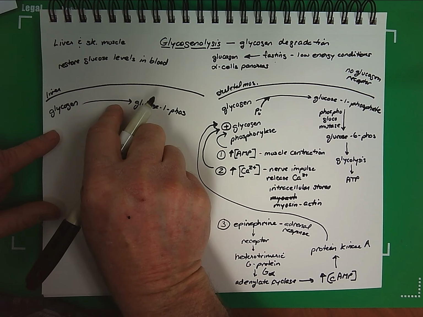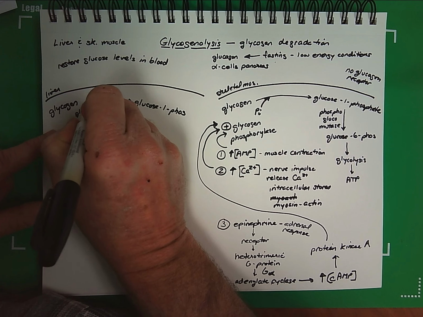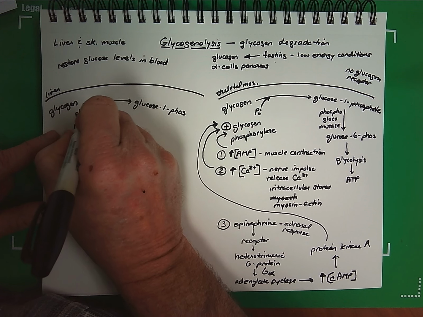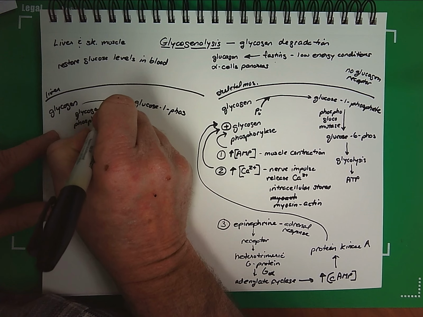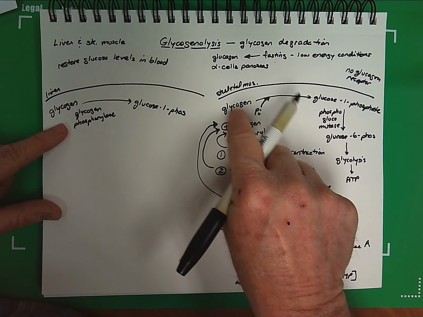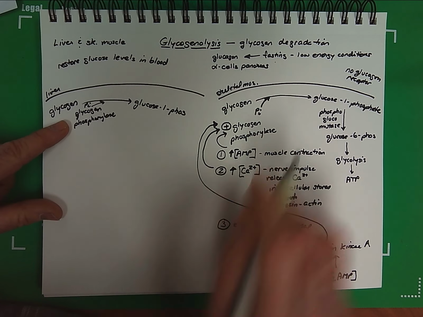And of course, you can imagine this is going to be done by the glycogen phosphorylase enzyme, the same enzyme that released the glucose in liver and muscle.